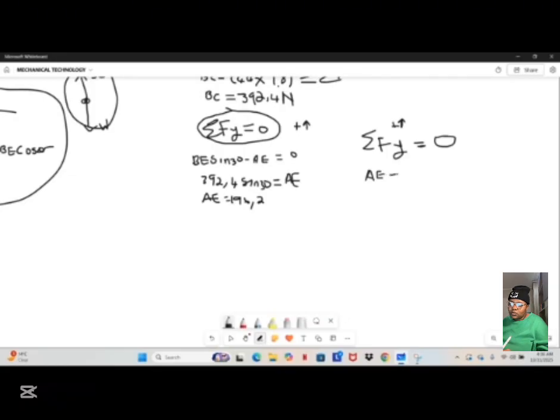Okay, let's go. mg is equal to mass times gravitational acceleration, and then we're going to have m times 9.81, and then we divide both sides by 9.81.